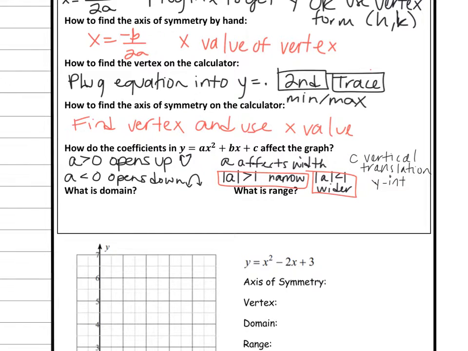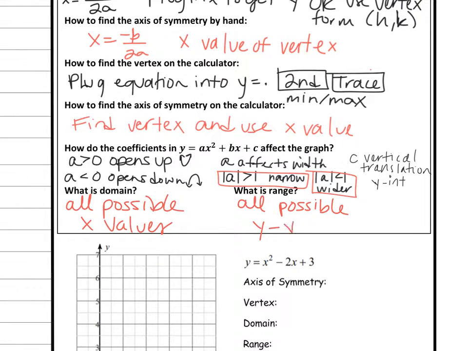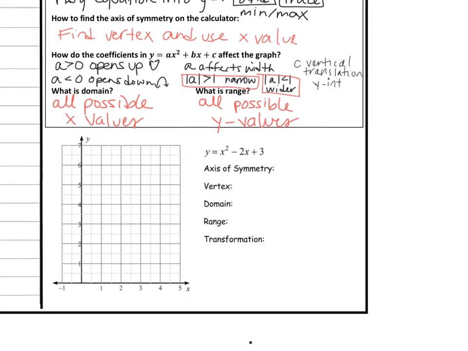I'll say all possible. Range is all the possible y values. Axis of symmetry, negative b over 2a.